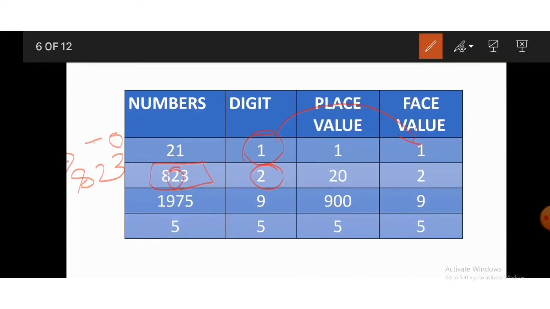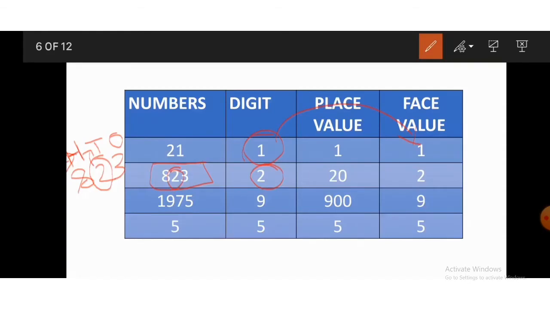Ones, tens, and what comes after tens, children? Right, hundreds. Ones, tens and hundreds. What is the digit given in the question here? The digit is 2. 2 is in which place? 2 is in tens place.